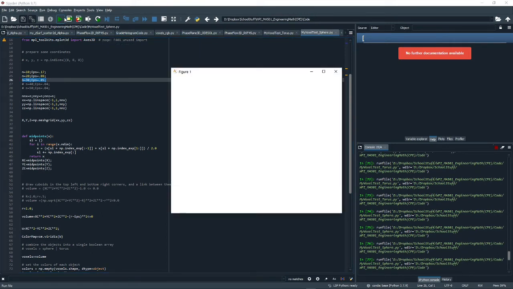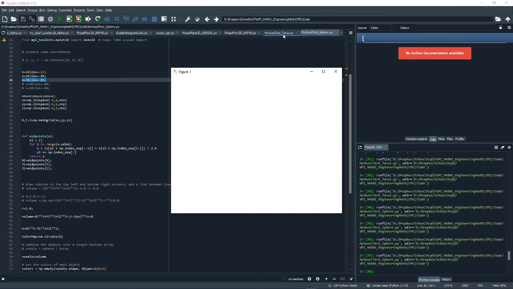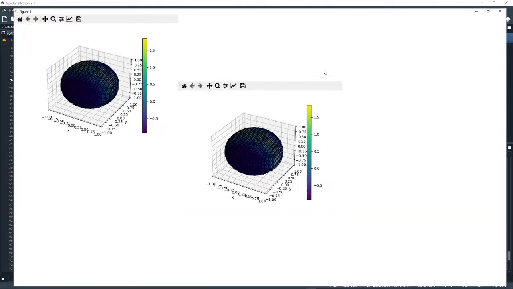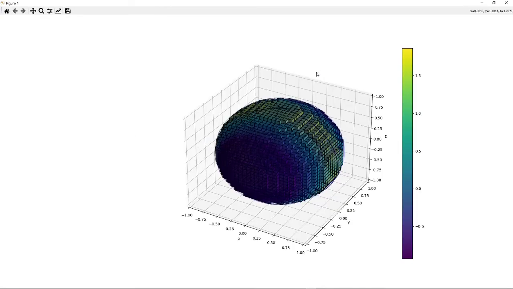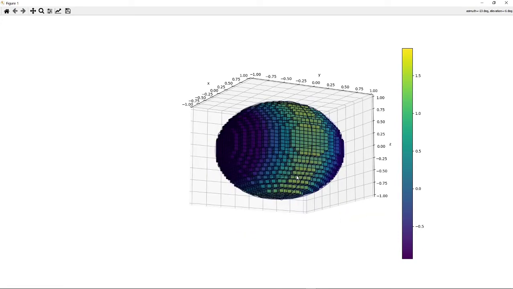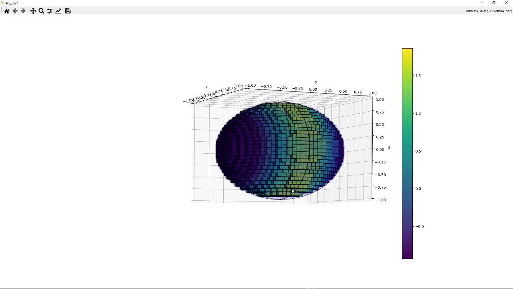But what we're seeing as we increase the number of cubes, slowly but surely, it takes a little bit longer to run with a lot more cubes. This is 30 cubes. We're seeing that our approximation of the volume with these cubes is getting better and better.